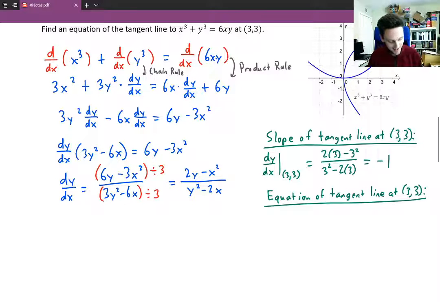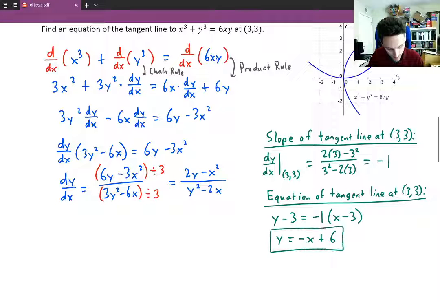To get the equation of a tangent line at (3, 3), we have point-slope form that we can use. y minus y1 equals m, which is the slope, -1, times x minus x1. The x1 and y1 are the 3, 3 here. And you could leave it like that because it doesn't say any particular form, or just for grins I'll put it in slope-intercept form. So there's the tangent line.